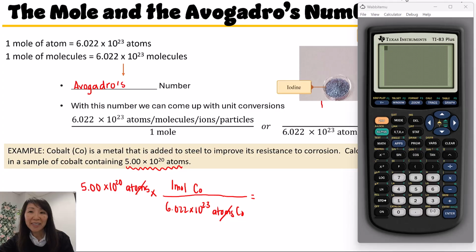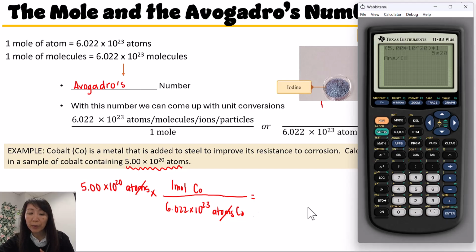So let's go ahead and calculate this. When you're calculating this, make sure you are very careful in how you use parentheses. So let's parenthesize this portion: 5.00 times 10 to the 20. I'm going to close it to encapsulate all of that, multiplied by 1, since this is 1 right here. Then I hit enter, then the division sign.